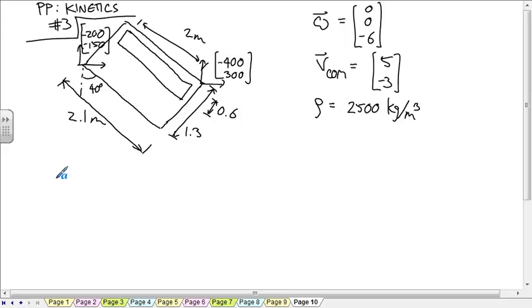So to find the center of mass, here's how I would go about this. Let's put the origin here. This angle is 40 degrees. That means this angle is 50 degrees. To get this angle, you could think of it as 50 to here and 90 to here.